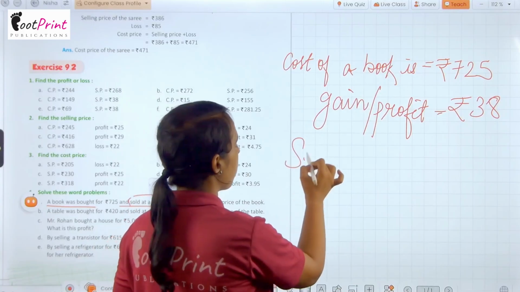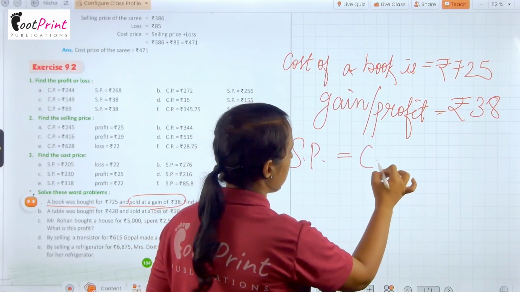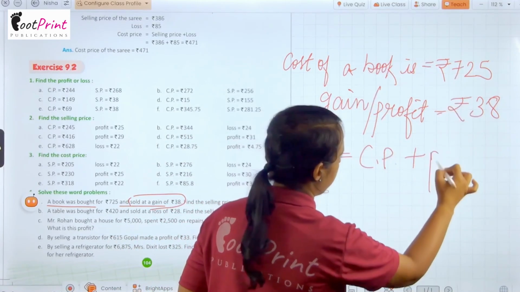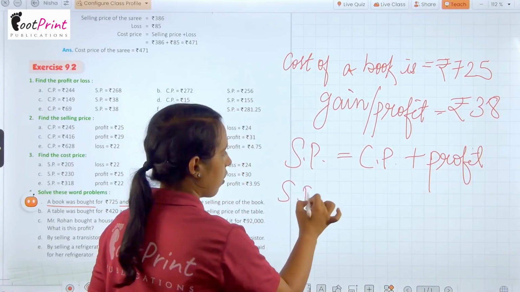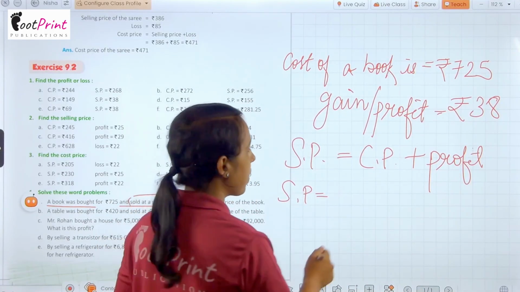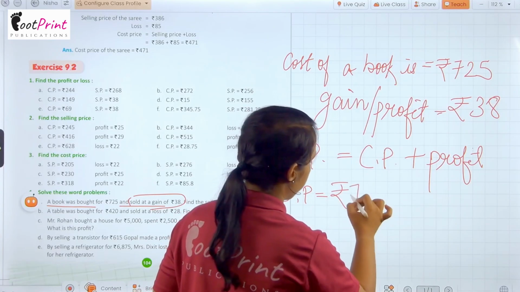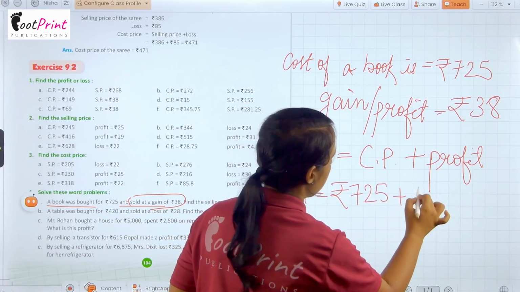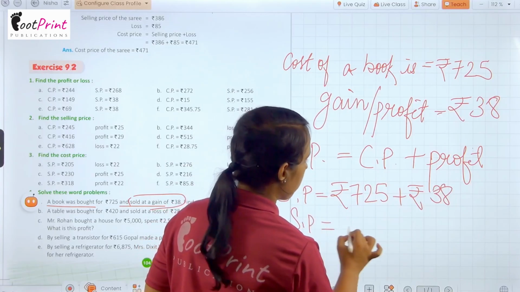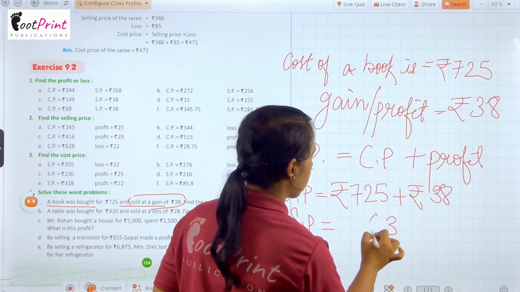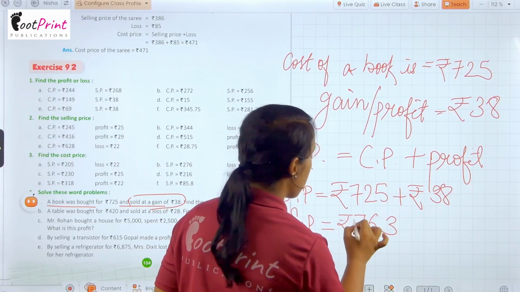And we have to find out the SP. As we know, if we want to find out the SP, we have CP plus profit. And CP is given here 725 rupees. So in the place of CP, we write here 725 rupees plus 38 rupees. And after adding that, we get the SP is 763 rupees.